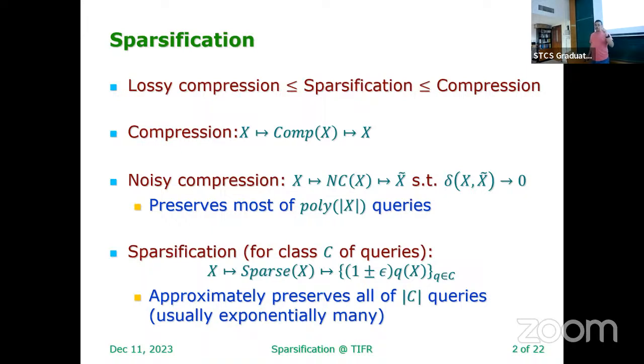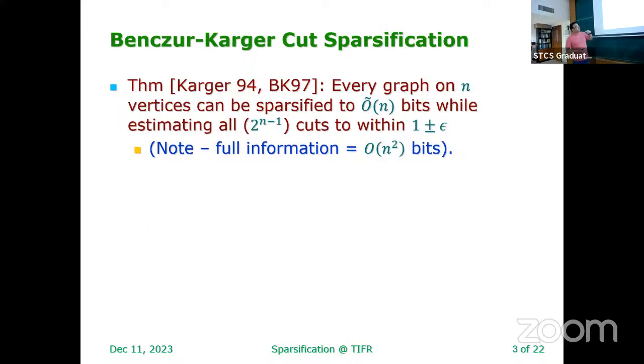And each one of these queries, suppose it's a non-negative integer, we want it right to within 1 plus or minus epsilon factor. That's the typical nature of the question of sparsification. So what kinds of tasks, what kind of information can you actually sparsify in this sense? It's not something that we study regularly, definitely not something that I study, but yeah.